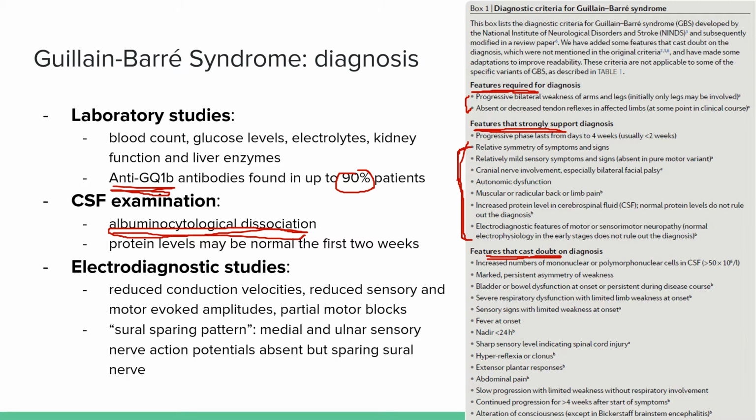Electrodiagnostic studies: we can expect to find reduced conduction velocities, reduced sensory and motor evoked amplitudes, and partial motor blocks. But there is a sural sparing pattern that we can find, meaning that the median and ulnar sensory nerve action potentials are absent, but there is a sparing of the sural nerve.